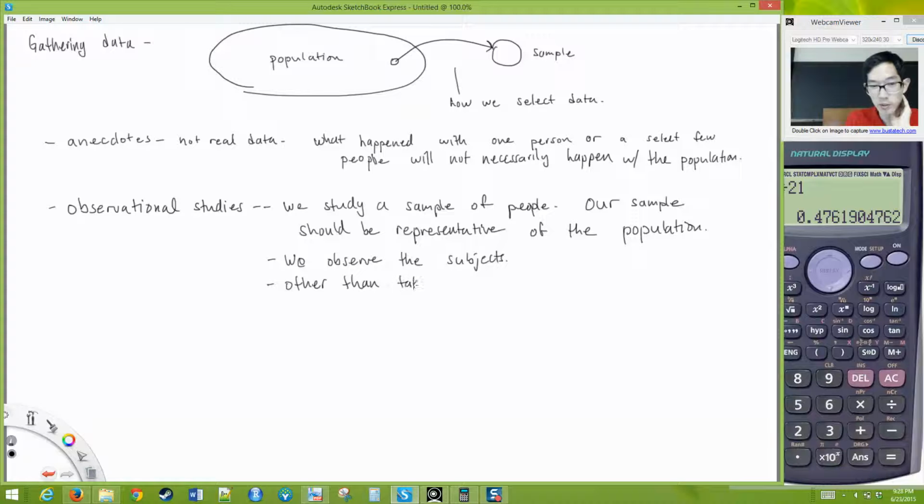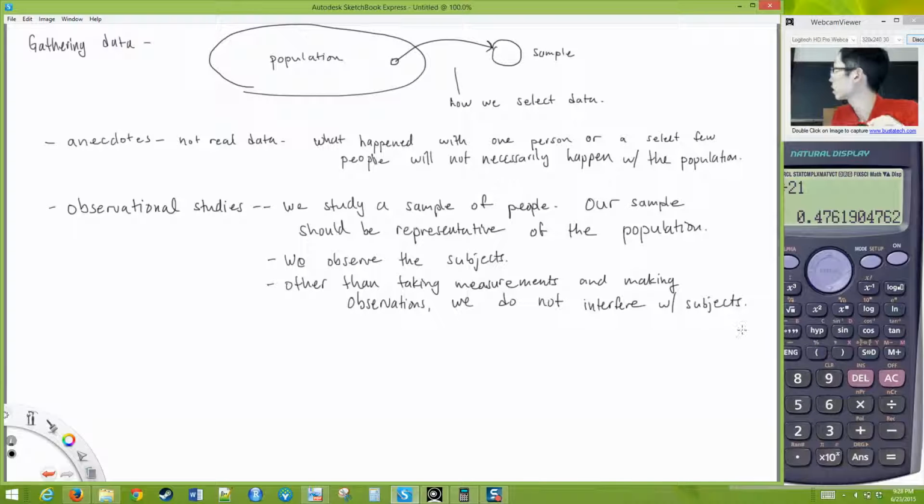Other than taking measurements and making observations, we do not interfere with the subjects. So we don't assign, we don't say you got to do this or you got to do that. And with an observational study, we can establish association.